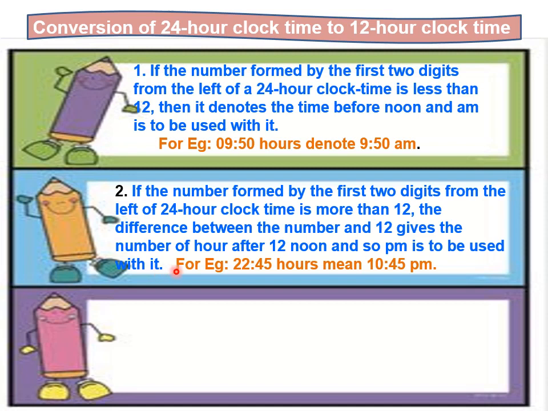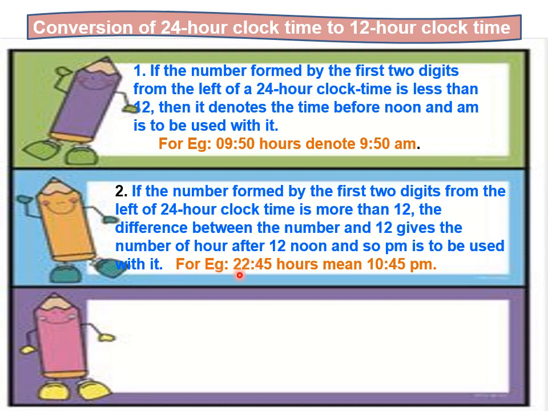So if the left-hand side number is more than 12, we subtract 12 from that number. What it gives is known as the afternoon time. So we will use pm.